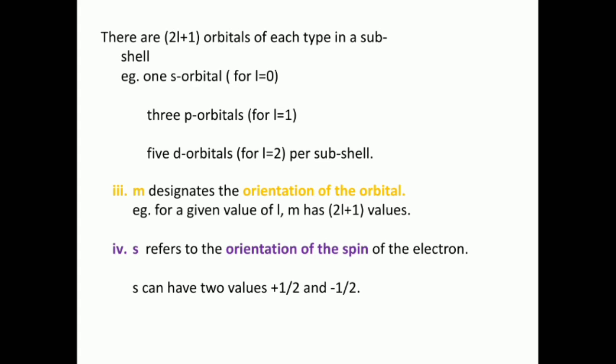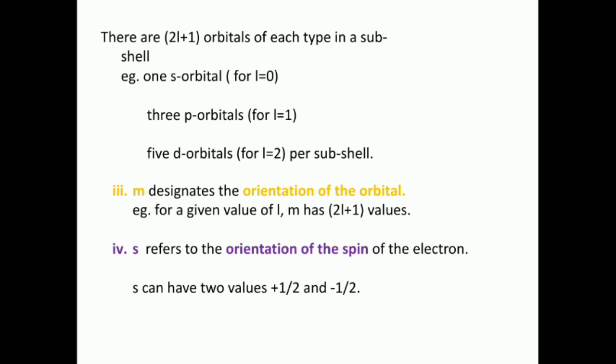It has been explained above already, because the value of l gives the number of what? m itself. For a given value of l, m has twice l plus 1 values. Okay, and the last quantum number s refers to the orientation of the spin of the electron.